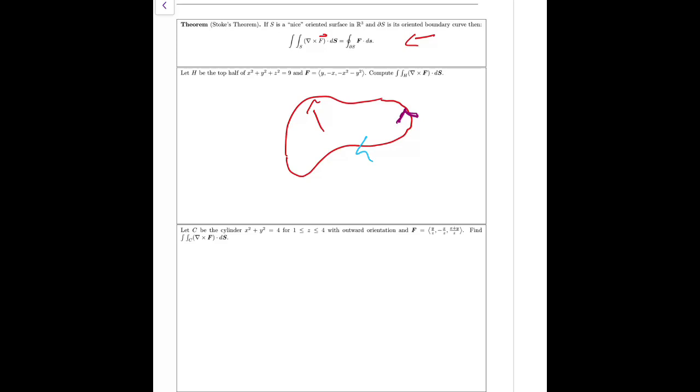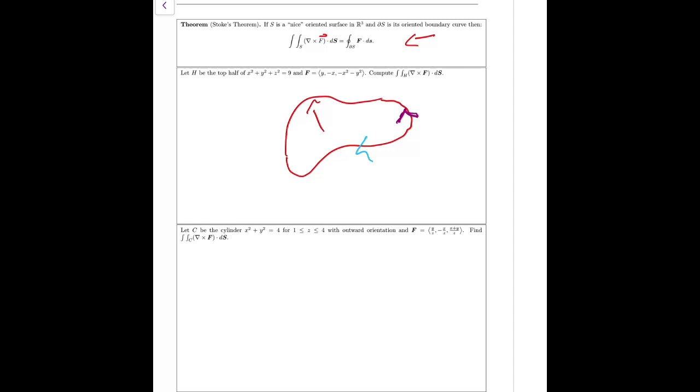The way you figure out which one you have is you walk along the boundary of the curve with your head sticking in the same direction as the normal vector, and you stick your left arm out. So if your left arm is pointing over the surface, you are walking in the oriented boundary direction. The orientation of that boundary then has the same orientation as the surface.